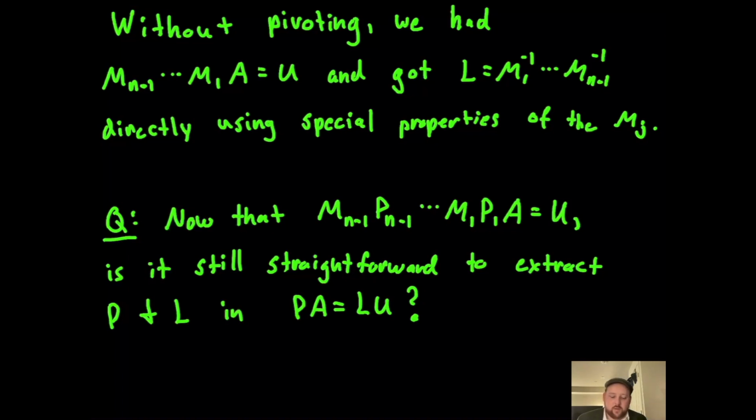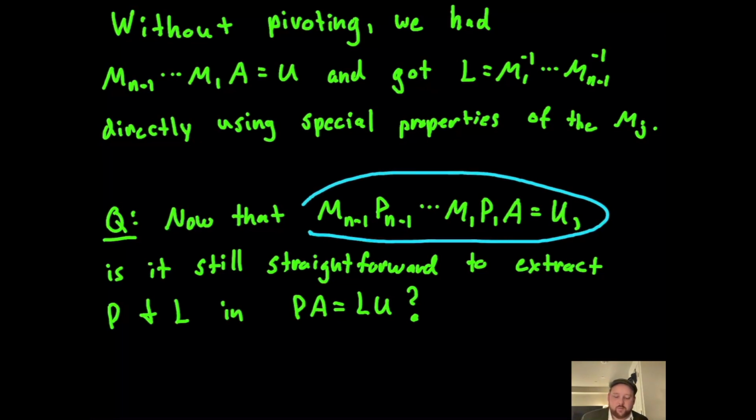In other words, given this type of decomposition, I want to figure out how I get back to the PA equals LU decomposition that I told you earlier was the goal of GEPP. So how do I get the P and how do I get the L from this?